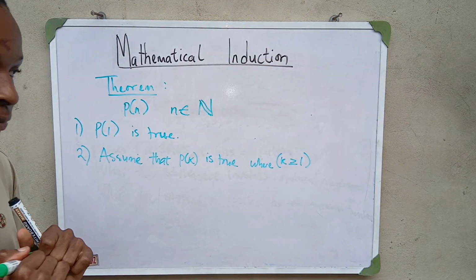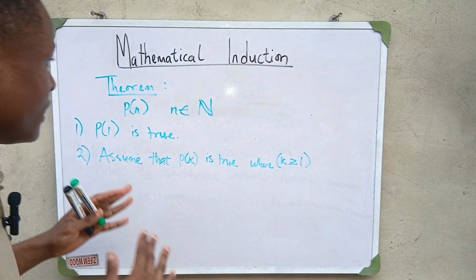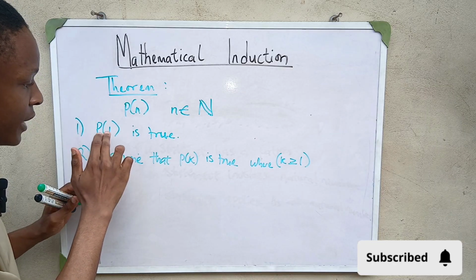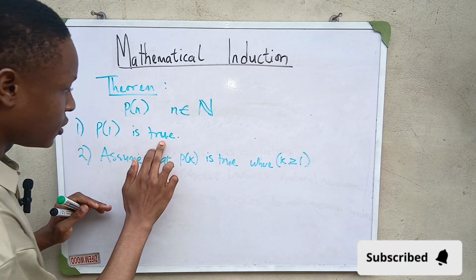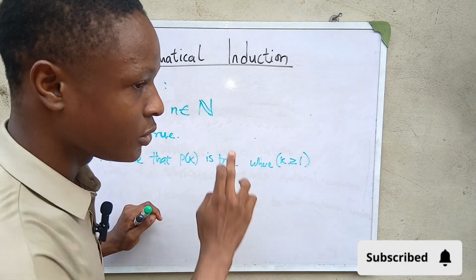So the first thing, when we want to prove a statement using mathematical induction, is that we test that statement for 1. If 1 is true, the next thing that we are going to do is assume that P of k is true.